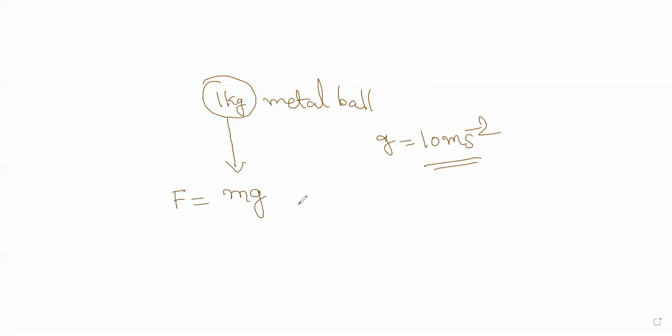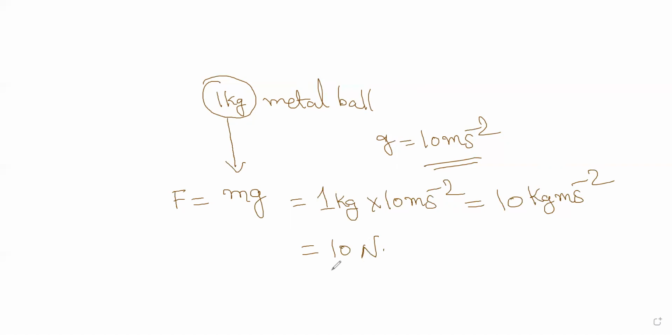Mass is 1 kg, and gravity is 10 meters second power minus 2, so that creates a force of 10 kg meter second power minus 2. This is about 10 Newton force. So when you see a 1 kg block, the weight of the block itself is 10 Newtons.